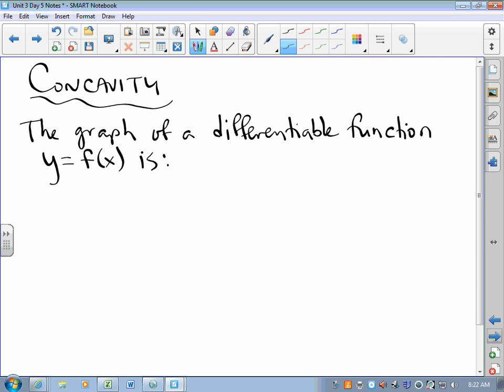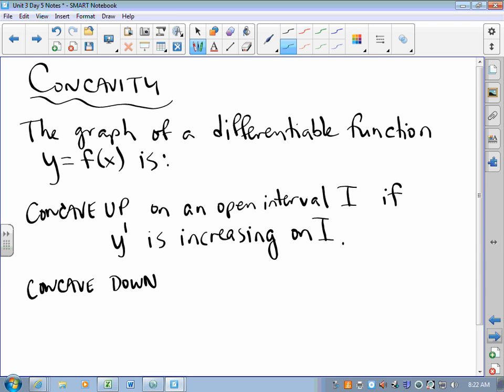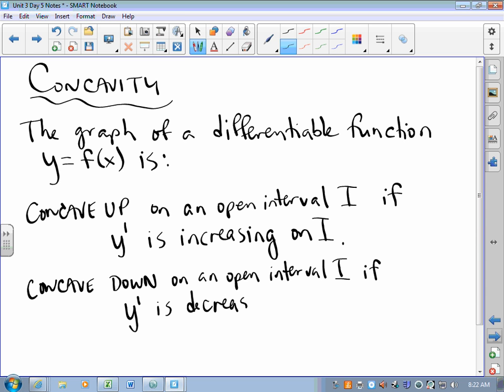The graph of a differentiable function, y equals f of x, is concave up on an open interval I, for interval, if y prime is increasing on I. Similarly, f of x is concave down on an open interval I if y prime is decreasing on I.